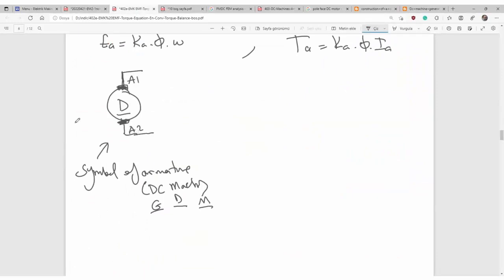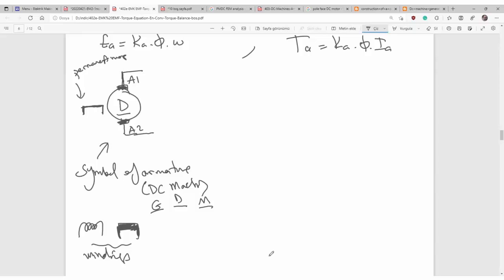Here's a magnetic field. Let me say here would be a winding, something like that. All those represent winding. But if you draw such a figure here, it represents permanent magnets.